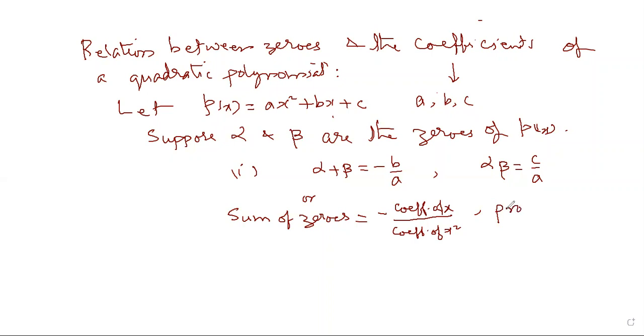In words, the product of zeros of a quadratic polynomial is equal to c upon a, where c is the constant term and a is the coefficient of x². Okay.